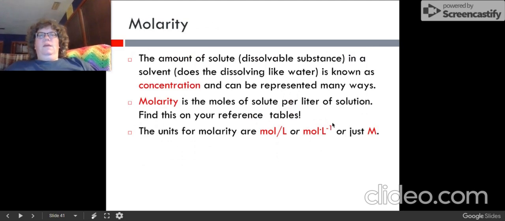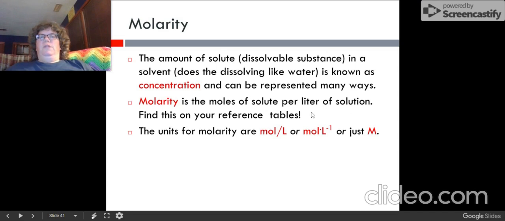When we talk about molarity, it is basically just a measure of concentration. Concentration is the amount of solute, or stuff that is dissolved, in a solvent, which is usually water. Molarity is a way to calculate concentration, where we talk about moles of solute per liter of solution.